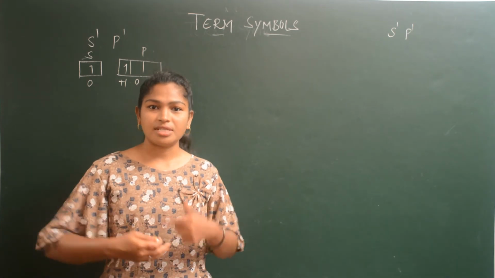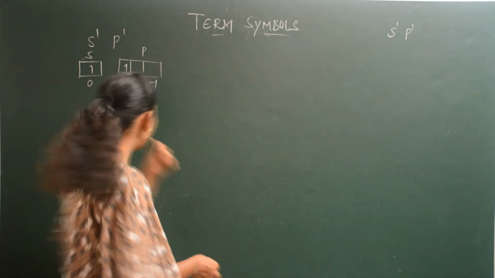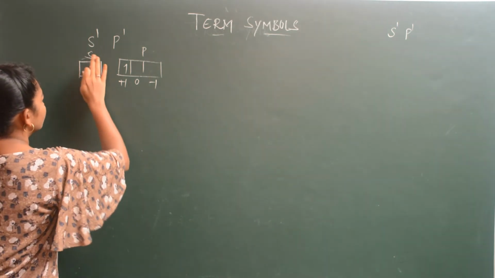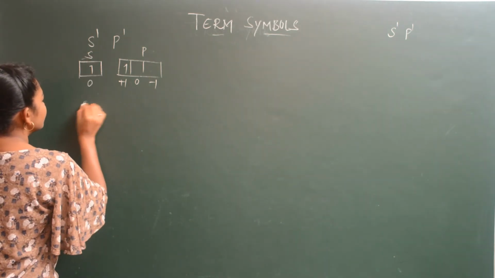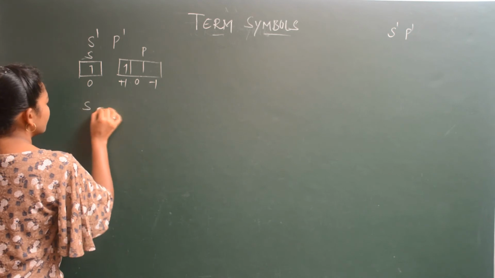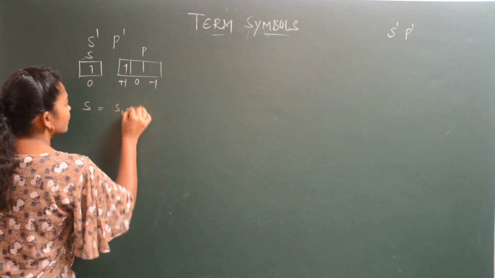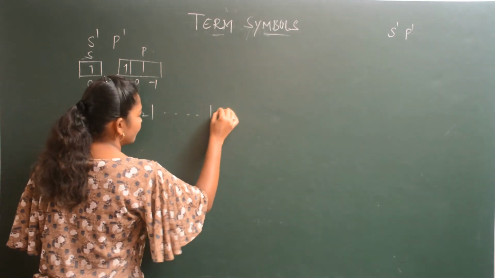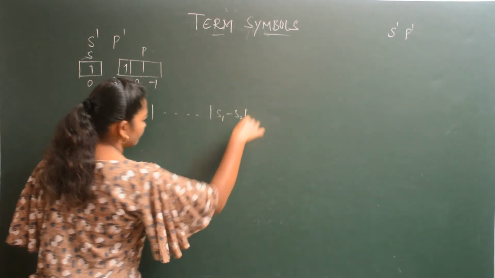For spin, S is equal to S1 plus S2 to S1 minus S2.